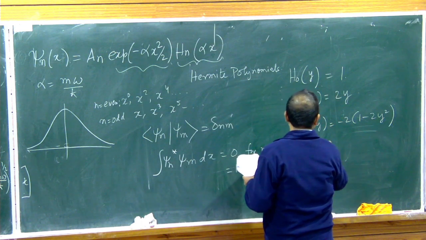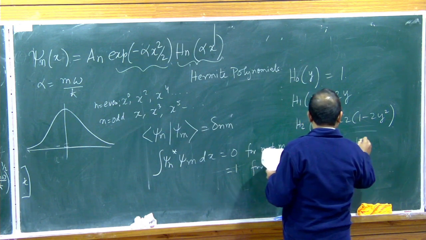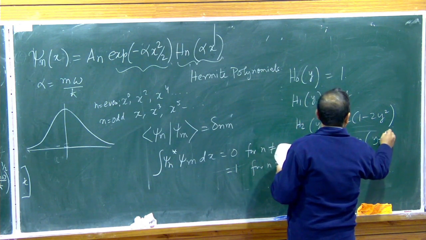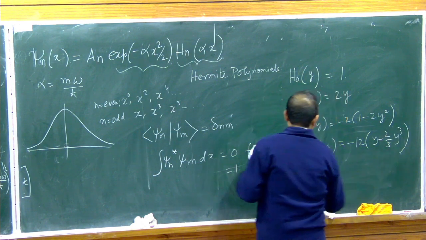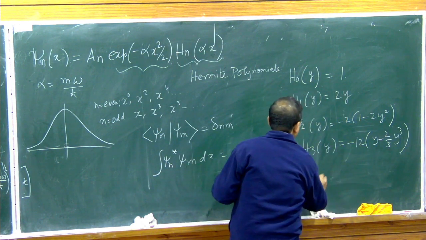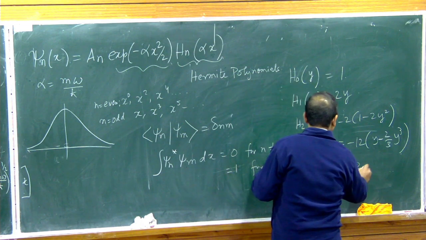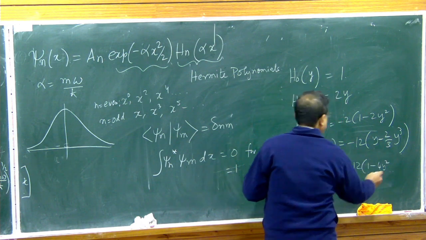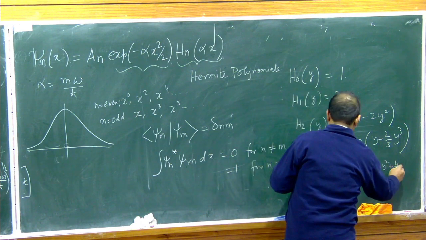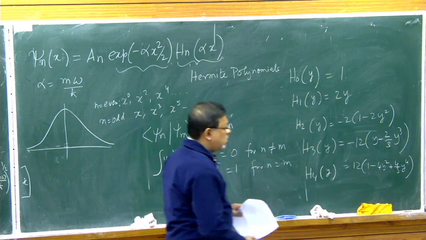H3(y) equal to minus 12 y minus 2/3 y cube, H4(y) is equal to 12 into 1 minus 4y square plus 4/3 y to the power 4. I am doing it for completeness.